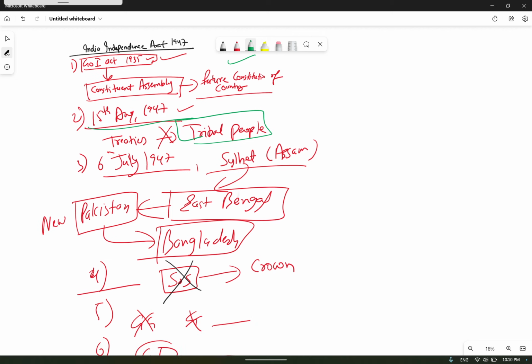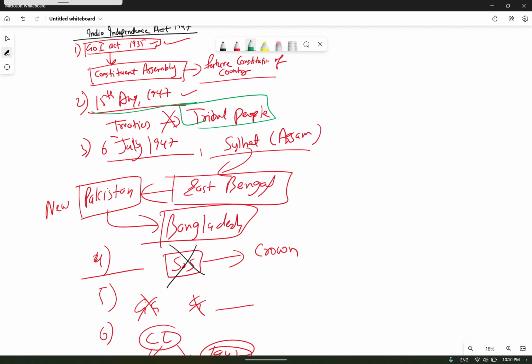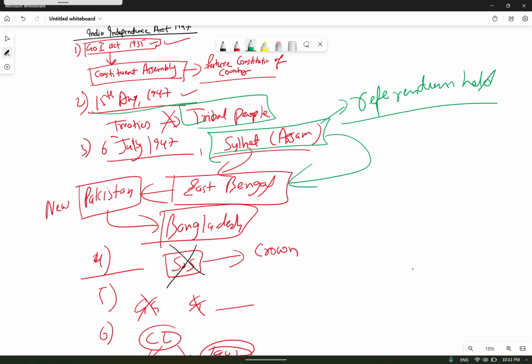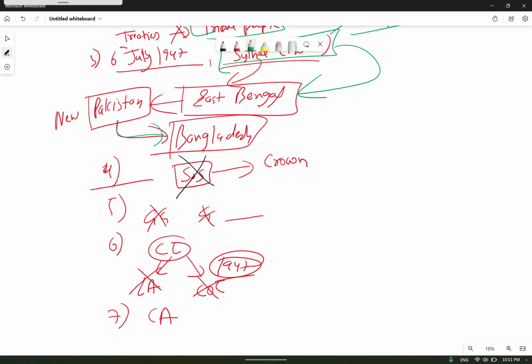And from 6th July 1947, in Sylhet, Assam, a referendum was held in this area, and they decided to join East Bengal. East Bengal is nothing but the new Pakistan, which later got converted into Bangladesh. The Secretary of State for India was abolished, who used to report to the Crown.